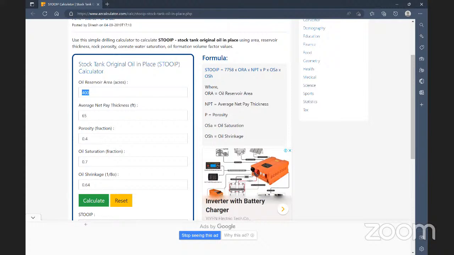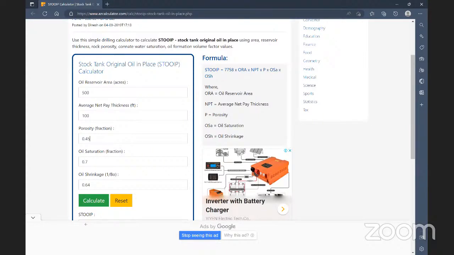Let's just say we have 500 acres of reservoir in terms of reservoir dimension, thickness times length times width. Okay, and then let's imagine that the thickness of that interval that is able to hold hydrocarbon is, let's say, 100 feet. Okay, let's imagine a porosity of, let's say, 40%, 45%.